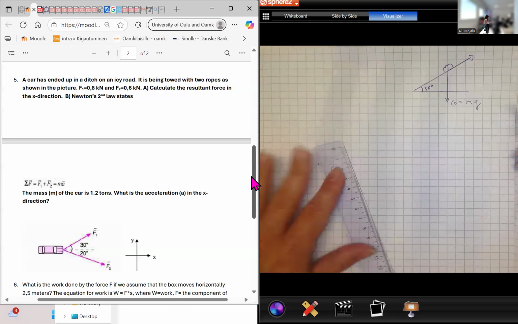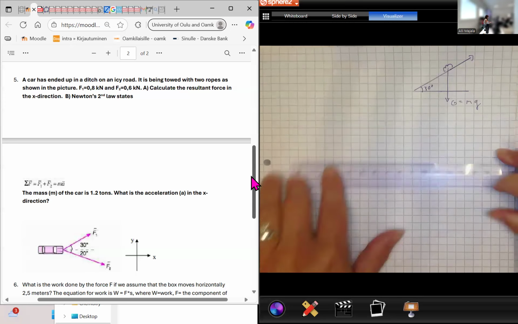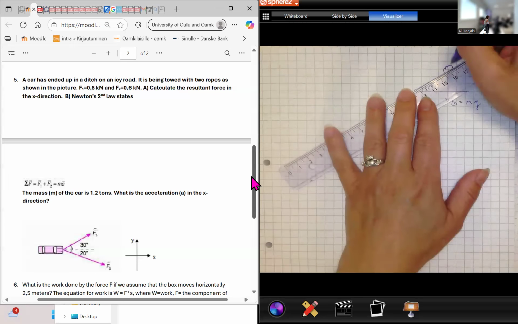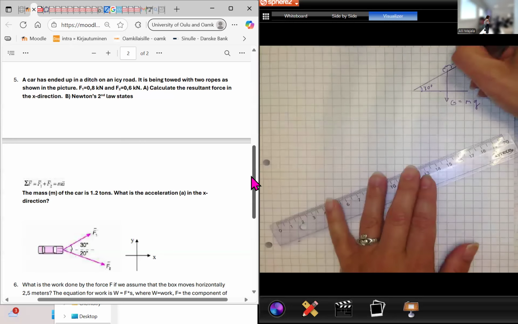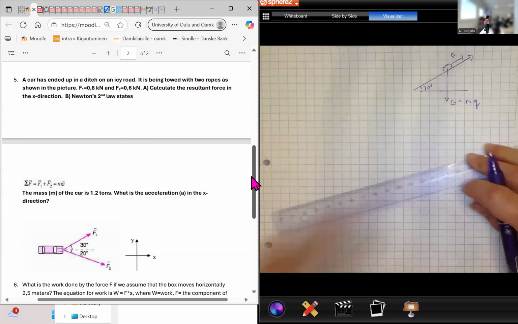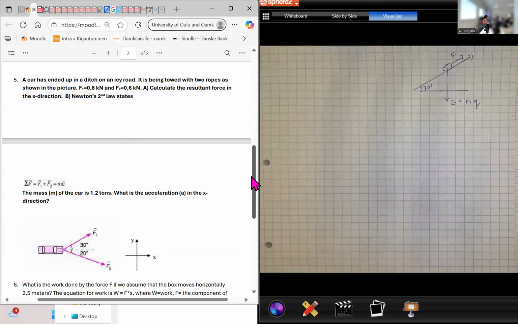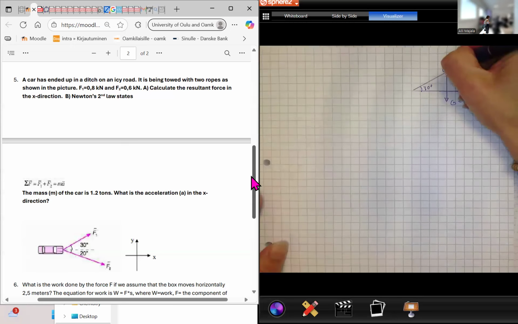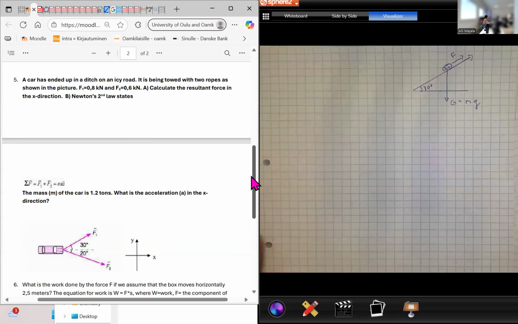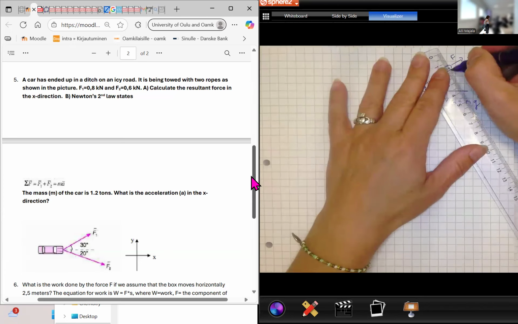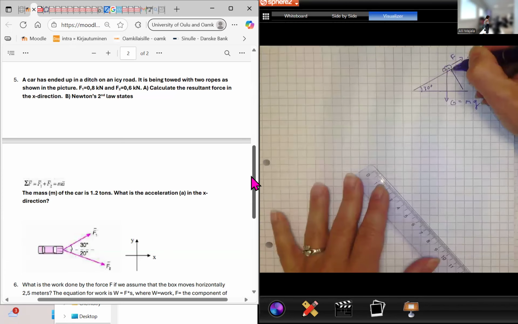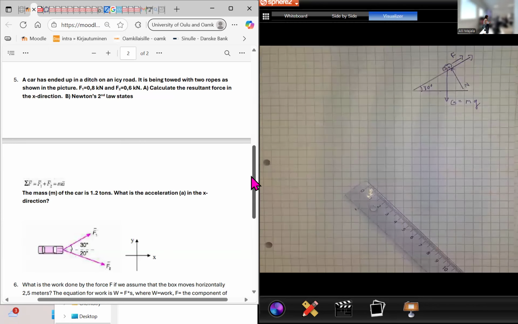And then you need to calculate the force, for example, here, to keep the car moving, or if the car is accelerating. And then you have the other force, that you mark with N. That is basically the supporting force of the surface.